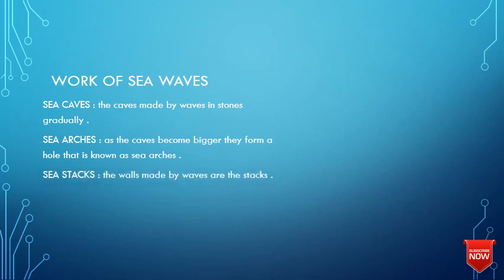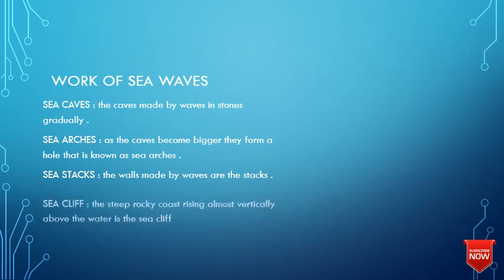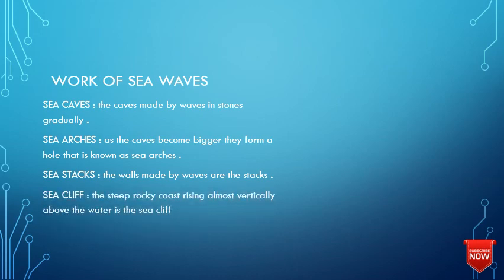Sea stacks. Further, erosion breaks the roof and only walls are left. These wall-like features are called stacks. And sea cliff. The steep rocky coast rising almost vertically above the sea water is called a sea cliff.